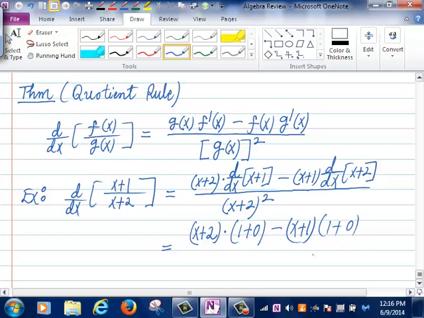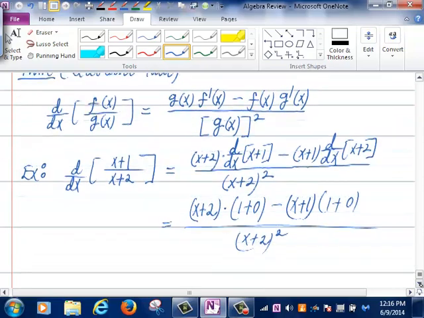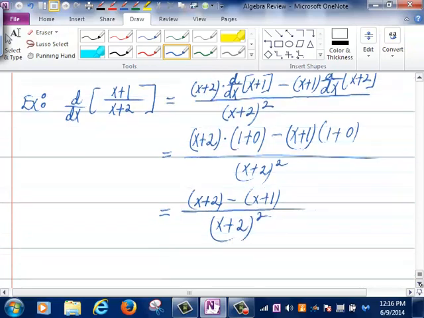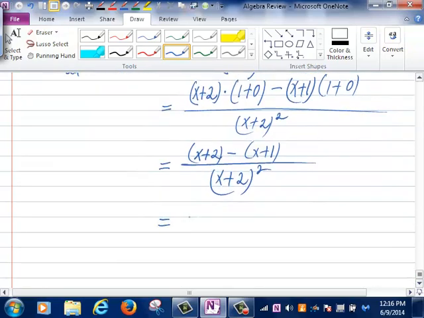The derivative of x is 1, the derivative of 2 is 0, over x plus 2 squared, which is x plus 2 minus x plus 1 over x plus 2 squared, and together what is that? 1 over x plus 2 squared.